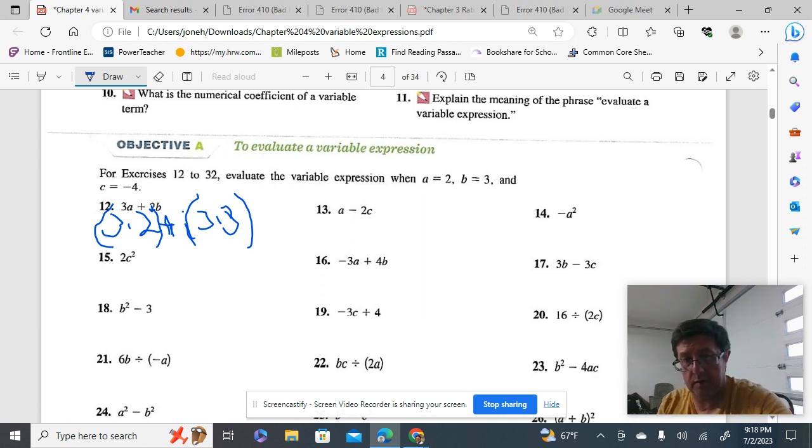I'm putting these here so that you can remind yourself. Actually, I'm not going to do that on the next one. So we go 2 minus 2c. Where is c? C was -4. So you do 2 times -4, and that would be -8.